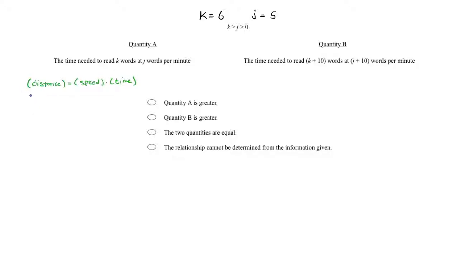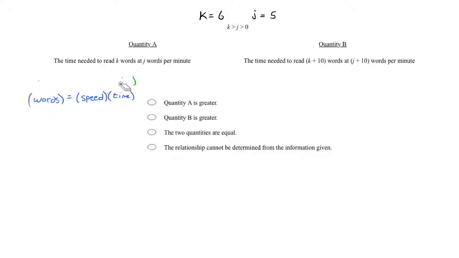Basically, in our context, we can swap out distance with words read, and we can say that that's equal to the speed at which we are reading times the time for which we are reading.